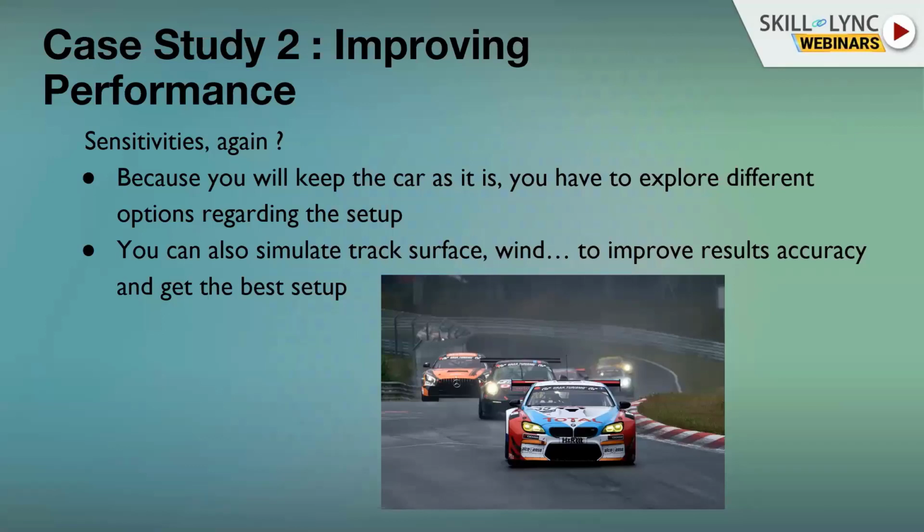You will change only one parameter of the car, because if you are changing too many parameters at the same time, you will not really see the effect it can have on the car. So in that sense, you can have different outputs which can be used to make the decision about the setup, either lap time wise, as I told you earlier with the Le Mans example, or in terms of balance, or in terms of fuel consumption, or in terms of tire energy, and so on.